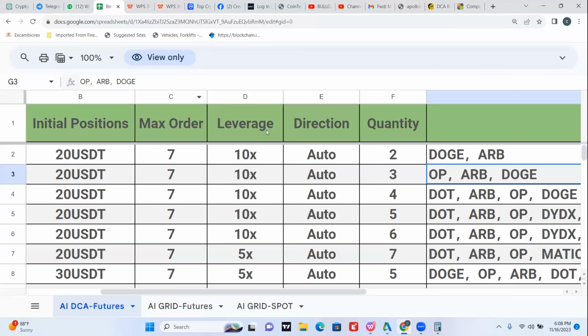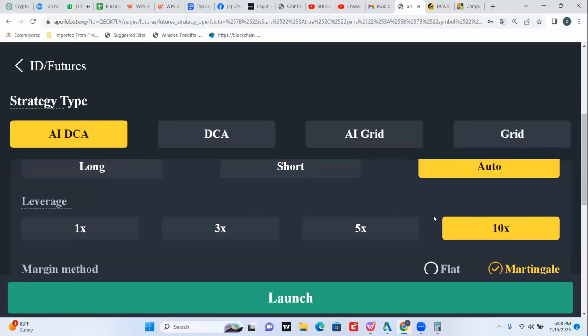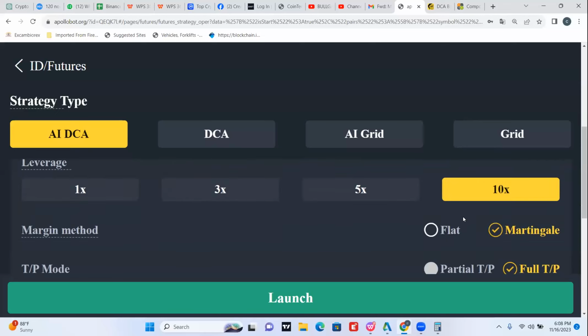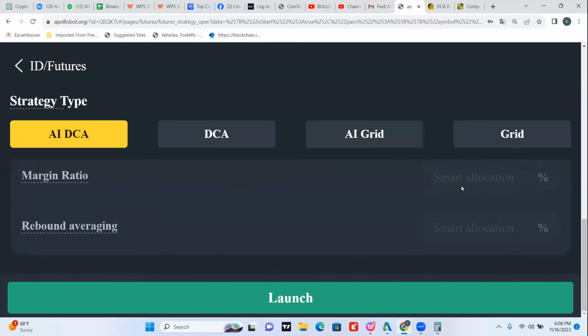The leverage is 10. Okay, so we choose 10. After we're done choosing 10, that's all because it's on auto. So we don't need to do any other thing anymore. You can see it's smart allocation. Everything is smart allocation. So the next thing you need to do is to tap on launch.